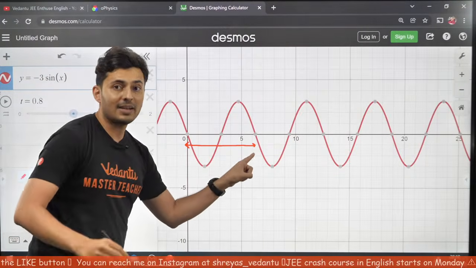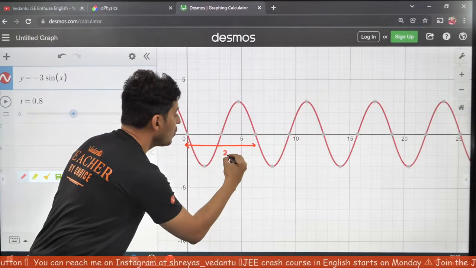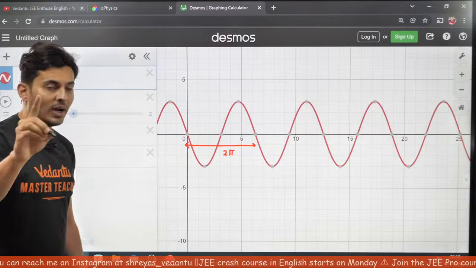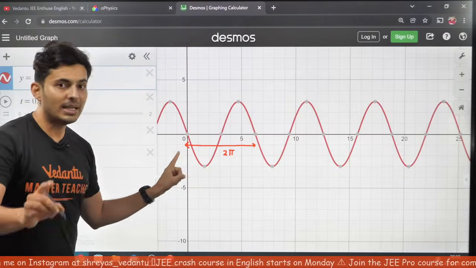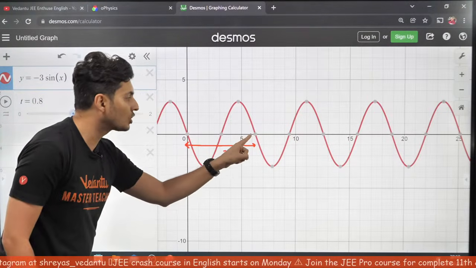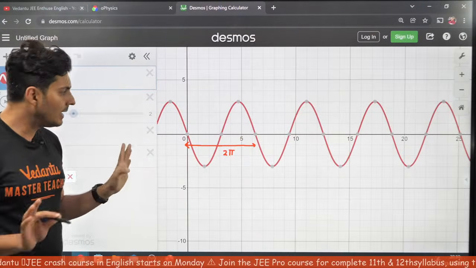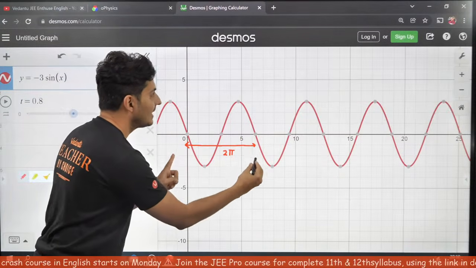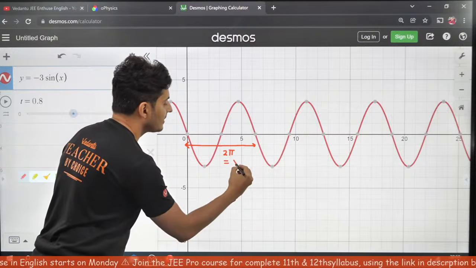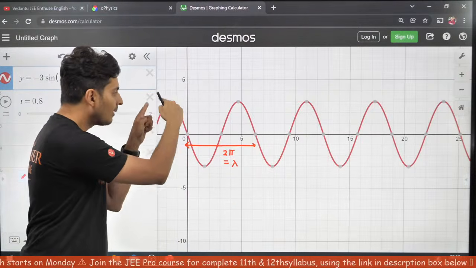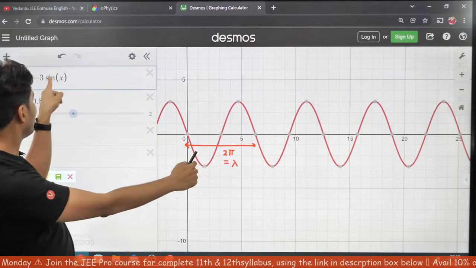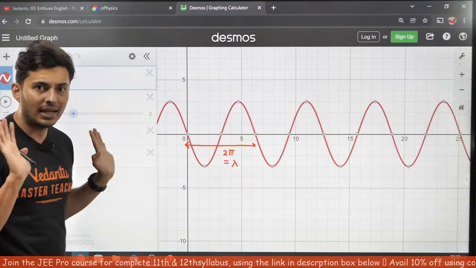One sine wave is completed in 2 pi radians. So when x is 2 pi, it completes one complete cycle. Agreed? So right now, can I say that 2 pi is the wavelength when this coefficient of x is 1? Can you see that?